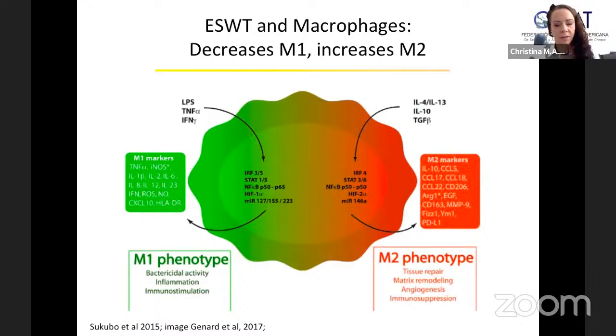They found that it does not. However, shockwave treatment decreases the effect of LPS, TNF-alpha, and interferon gamma on the differentiation of the M1 phenotype, meaning that we have a decrease of the M1 phenotype. And if you give the macrophages anti-inflammatory cytokines, it increases this effect, so that macrophages stimulated with interleukin 4, for example, and treated with shockwave treatment produce more anti-inflammatory cytokines.